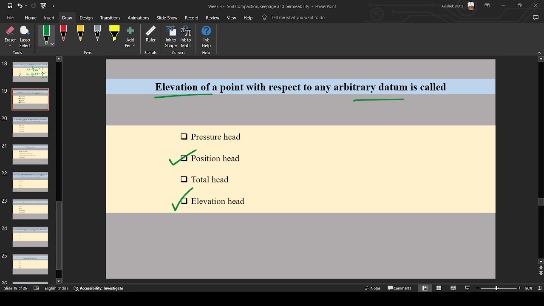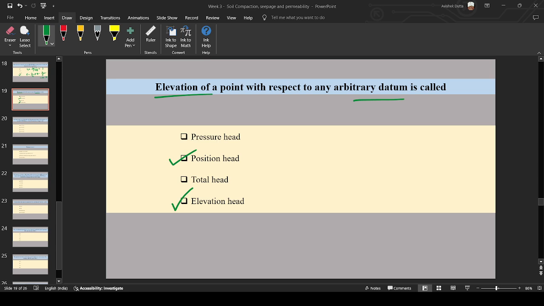Freeboard is the distance from the water level to the top of the dam. This is 2 meter. What is the head loss? This is the head loss, H. So if the height is 52, what is H? This minus this, 52 minus 2, that is 50 meter.